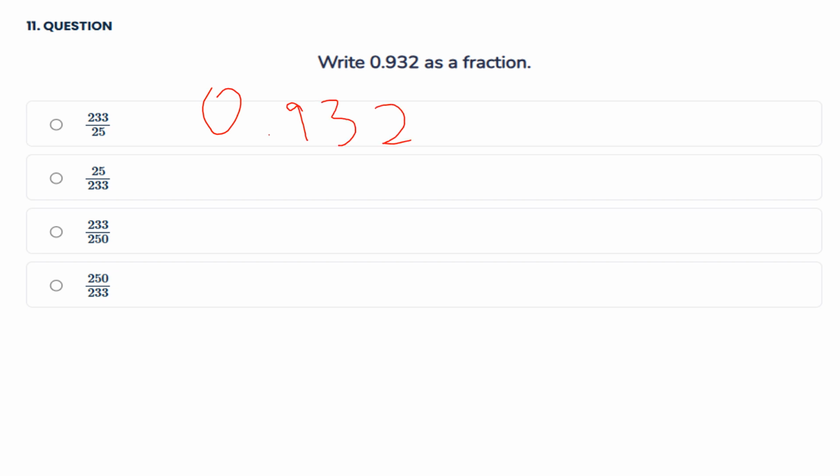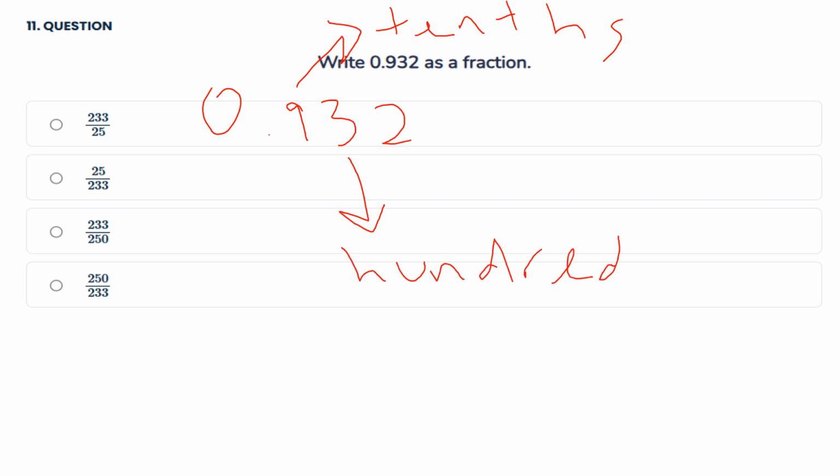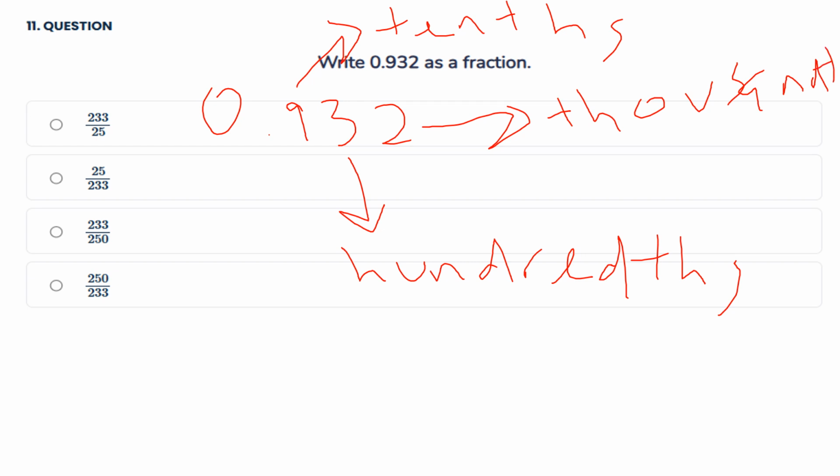So the 9 is in the 10th place. The 3 is in the 100th place. And the 2 is in the 1000th place. And since that 2 is in the 1000th place, that means that the denominator is going to be 1000.